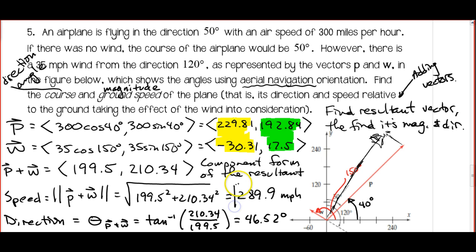So here is the speed, or the magnitude of the resultant. Here's the new direction. You notice it was at 40 degrees, and the wind has pushed it a little bit over to 46.52.